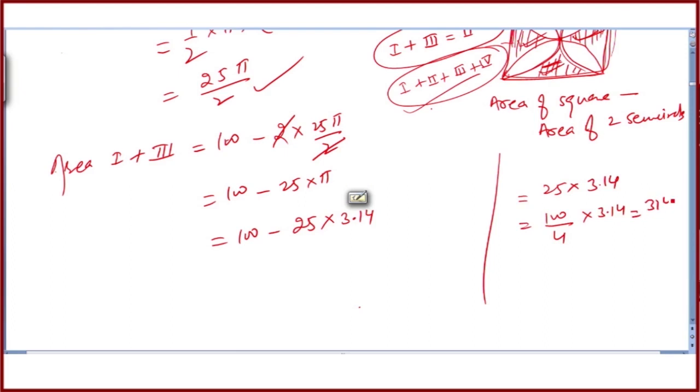So this will be 314 by 4, which is, 4 7s are 28, 3 34, so 4 8s are 32, 2 is left, so 4 5s are 20. This is 78.5. So 100 minus 78.5 is equal to 21.5 centimeter square, right?